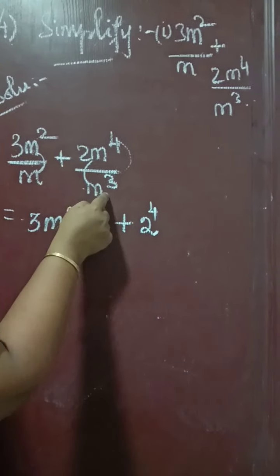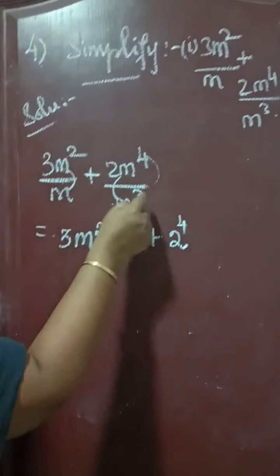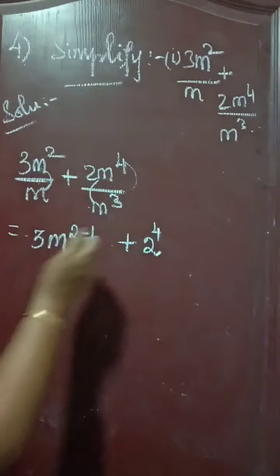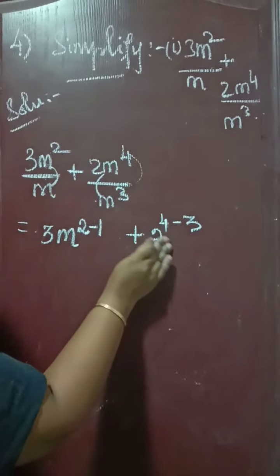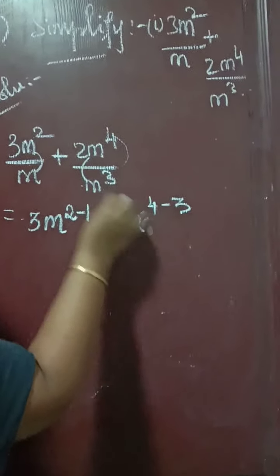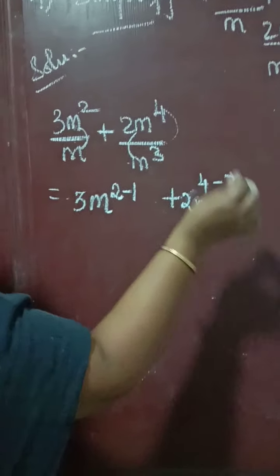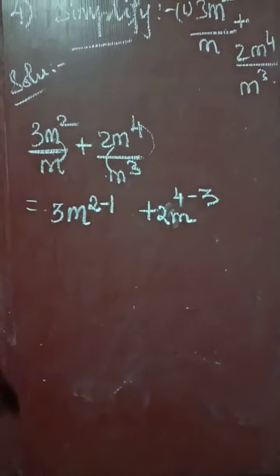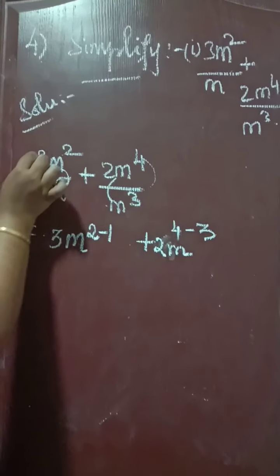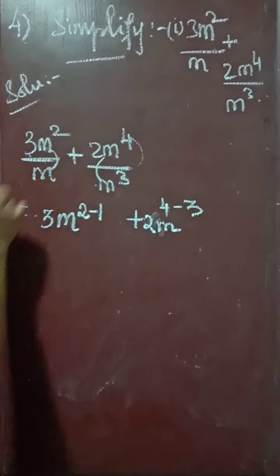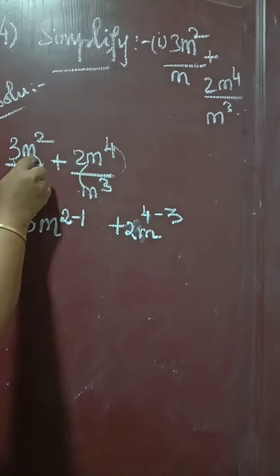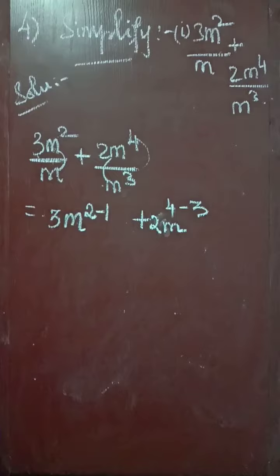What is the power of the denominator here? Yes, 3 is the power of the denominator. So 4 minus 3. So 2 is here, m power 4 minus 3. Listen, here only one 3 is there. Here denominator not having the number. So here 3.